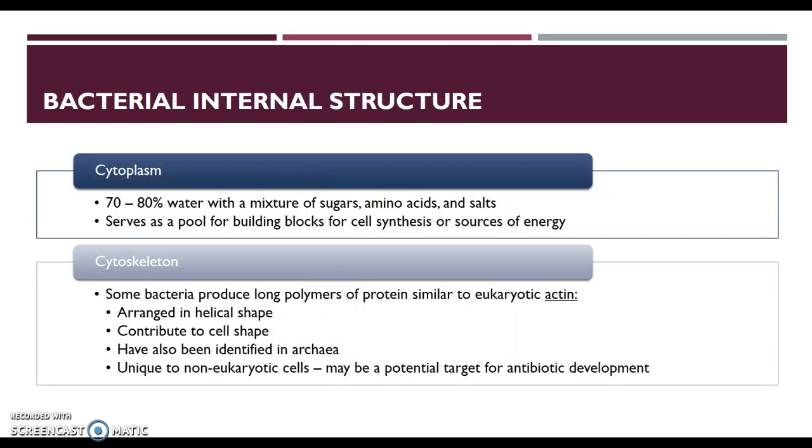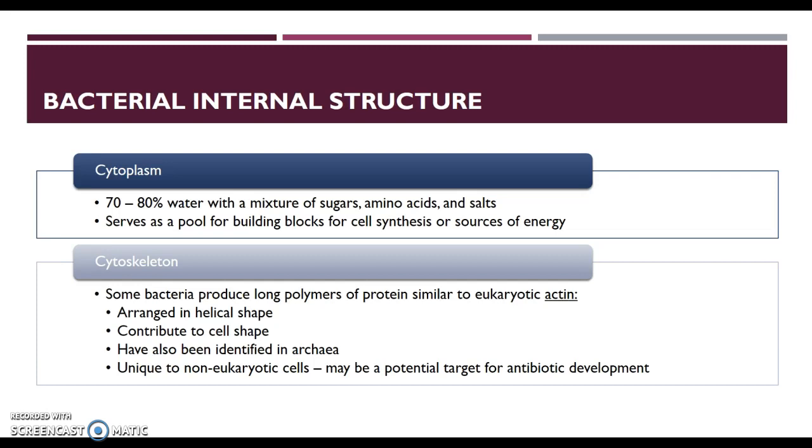So in this mini lecture, we're going to focus on the internal structures in bacteria, and there aren't many because they don't have membrane-bound organelles. So first is the cytoplasm, and the cytoplasm is about 70 to 80% water, and it also includes a mixture of a number of sugars, amino acids, salts, and other nutrients that the cell needs.